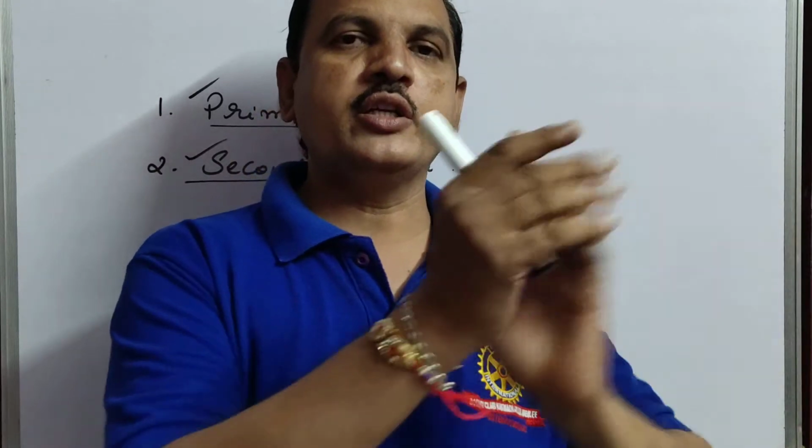Suppose you type the 12 digit number, then you will get the information about you: staying in this area, Kakinada, urban or rural, like that. That means the information which they collected and stored, whenever you want, they give the information. Already collected information is stored in the system or wherever it may be. That comes under secondary.